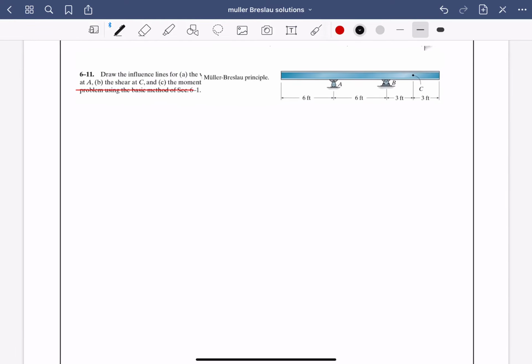Okay, draw influence lines. What's going on here? Let me check what it's.